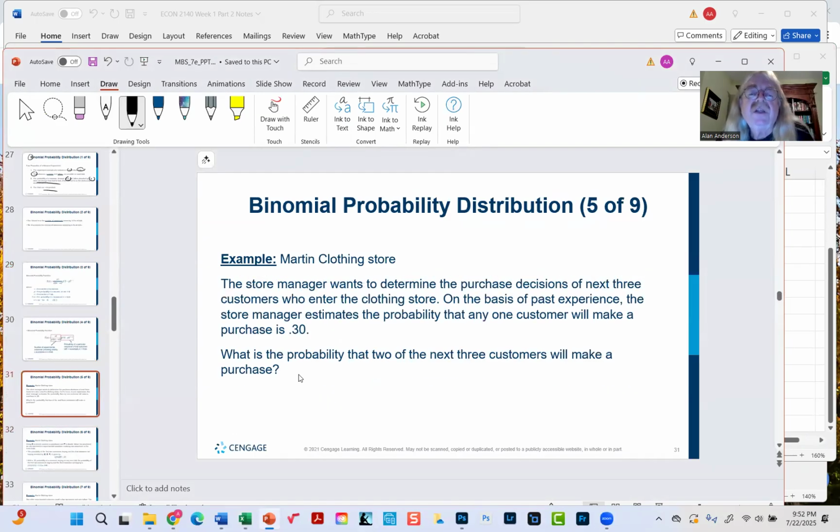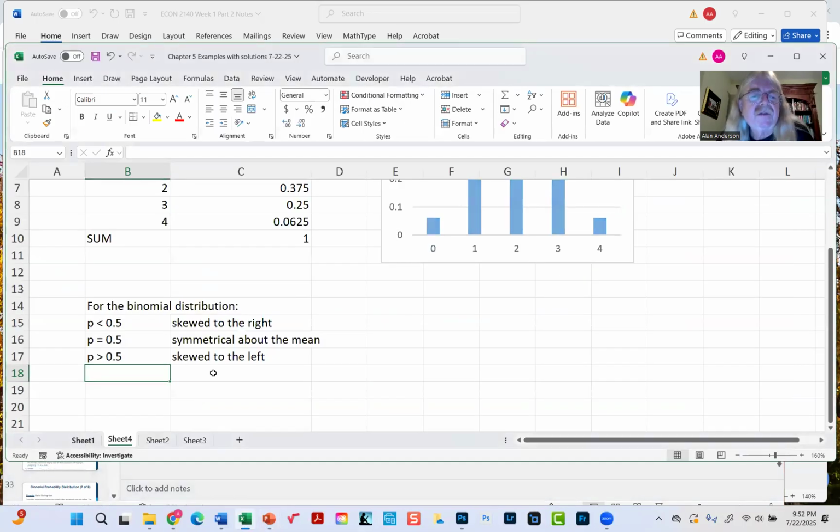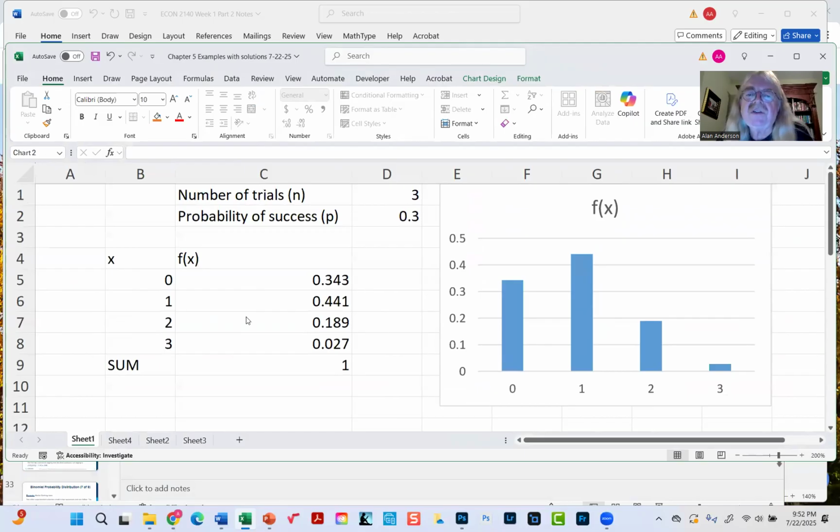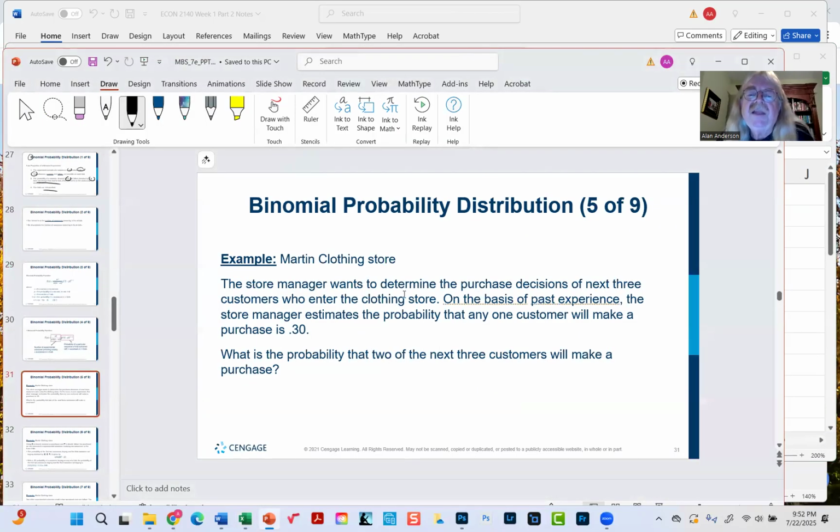Oh, by the way, I just realized this example here is taken from the slides. This is the Martin's clothing store, and they're telling us here that they're analyzing the next 3 customers who come in the store, and they know from experience that when 3 customers come in the store like this, the probability of one of them making a purchase is 0.3.